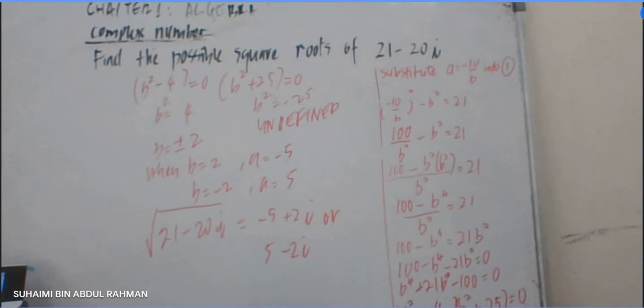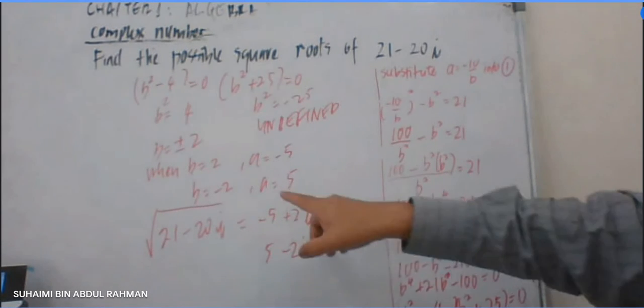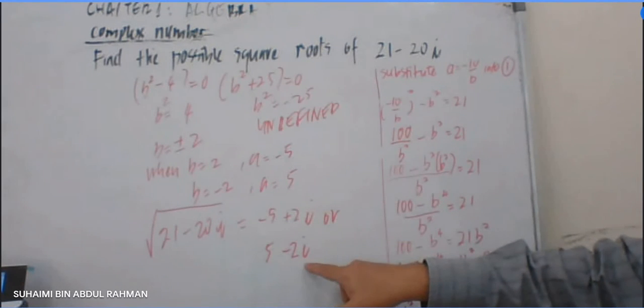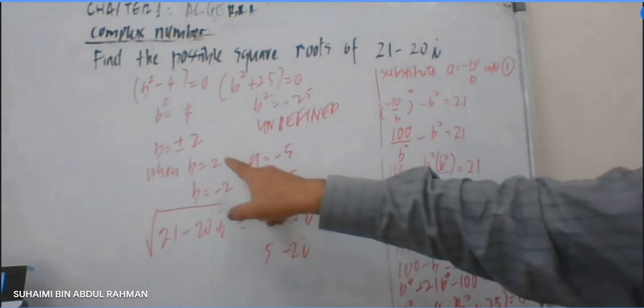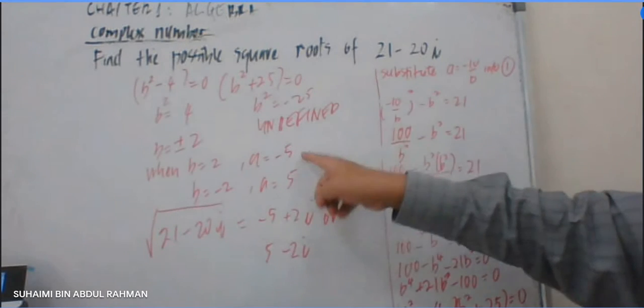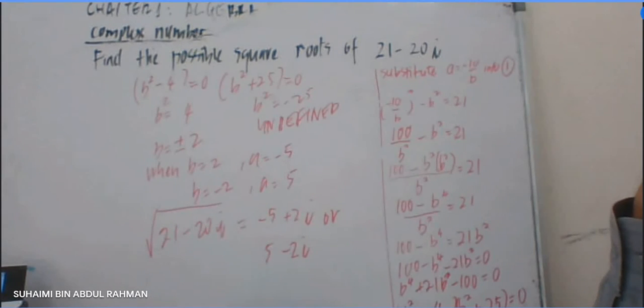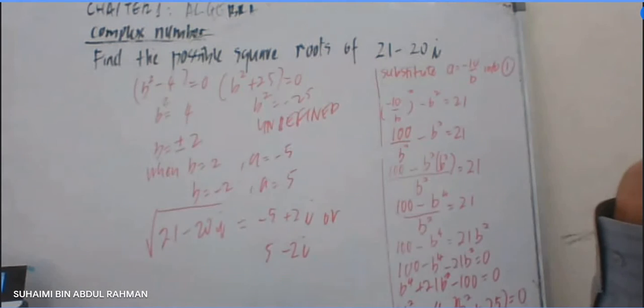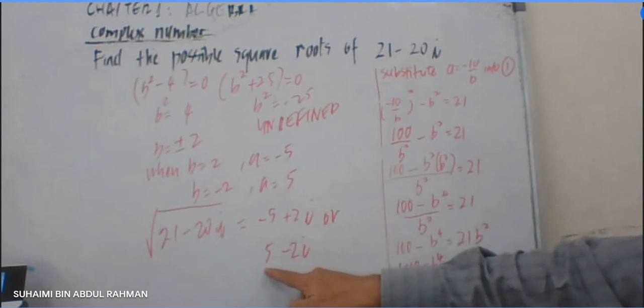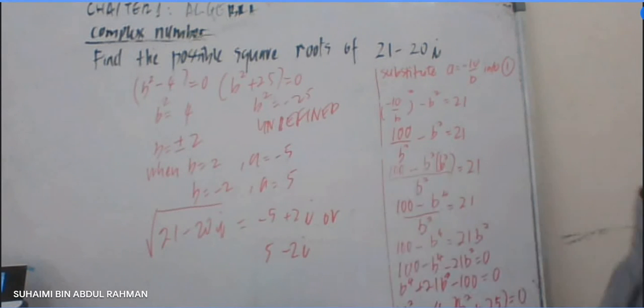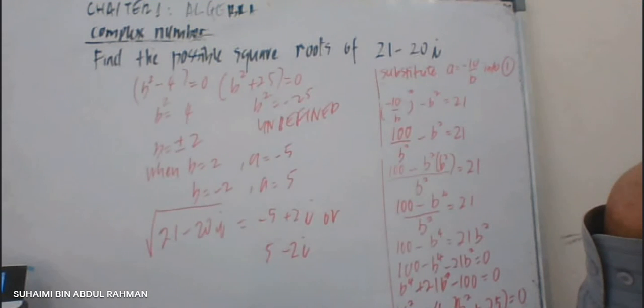But A can be plus minus 2 also? The plus or minus 2 depends on the value of A. When A is minus 5, B is 2. When A is 5, B is minus 2. Okay, thank you, sir.